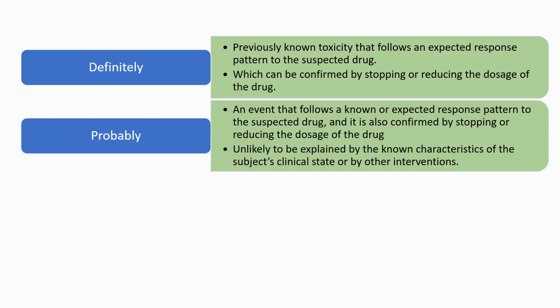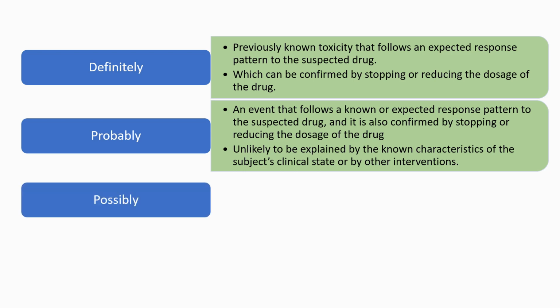Probably: an event that follows a known or expected response pattern to the suspected drug, and it is also confirmed by stopping or reducing the dosage of the drug, unlikely to be explained by the known characteristics of the subject's clinical state or by other interventions.